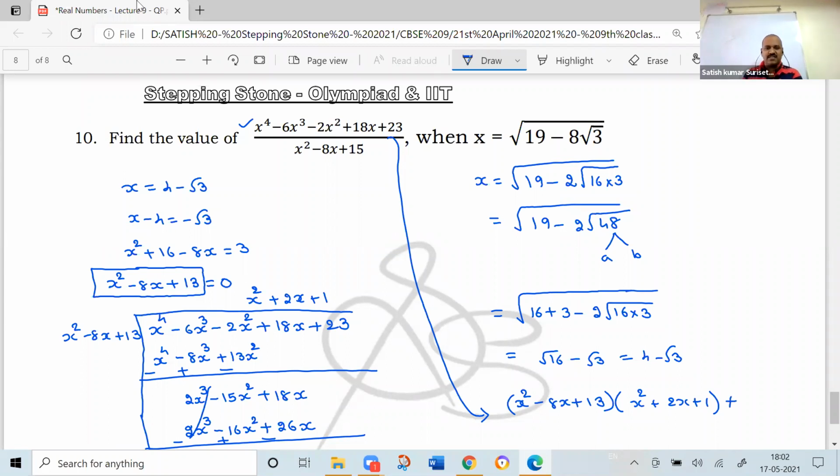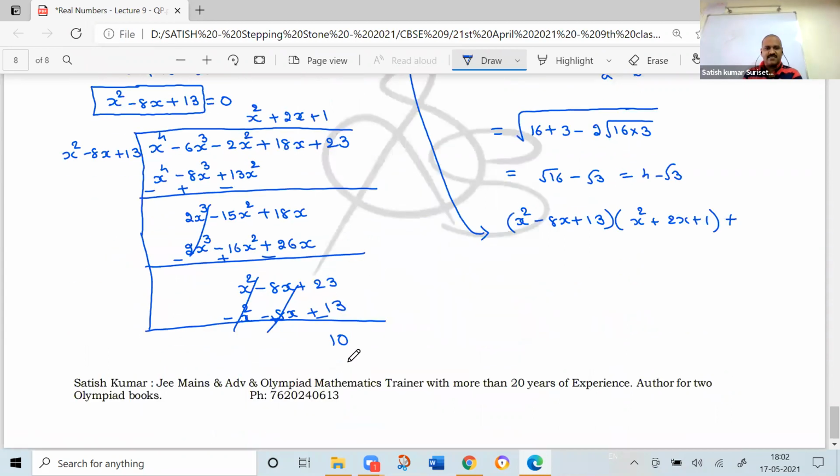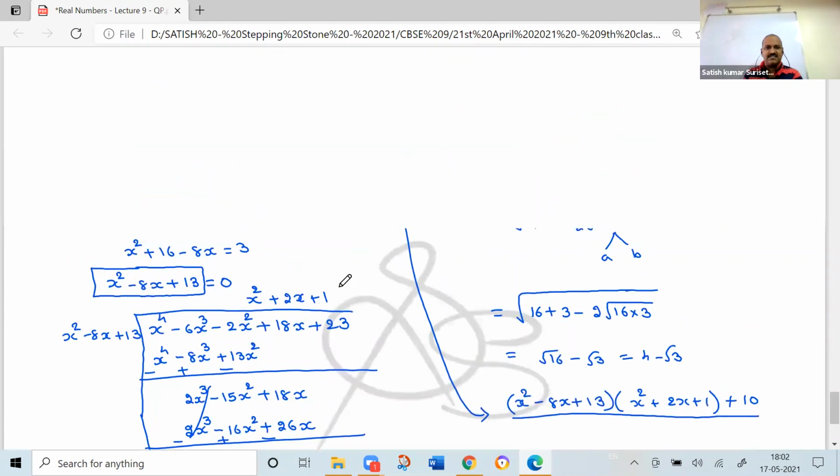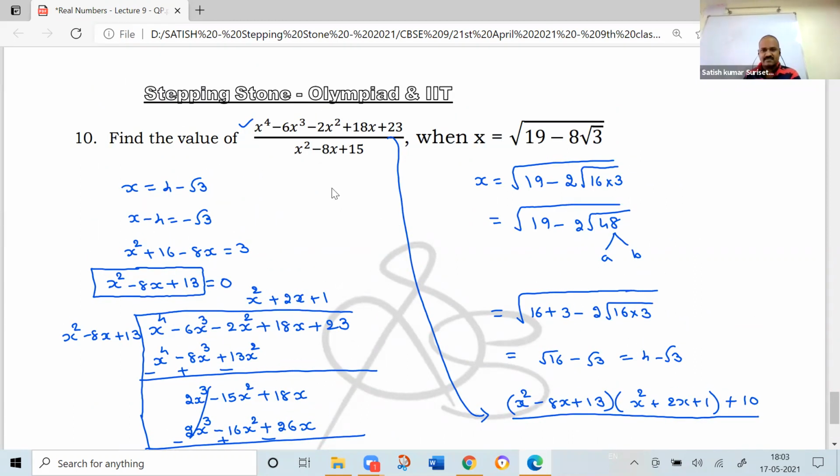So dividend equals divisor into quotient plus remainder. So what is the remainder we got? Remainder is 10 upon the denominator, as it is. For the denominator, x square minus 8x plus 15.